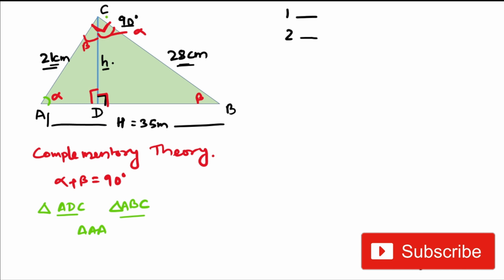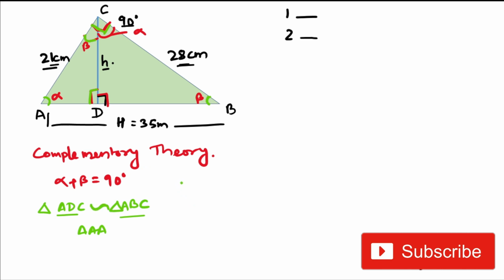Second, the small triangle has a 90-degree angle and the bigger triangle also has a 90-degree angle. Third, the small triangle has angle beta and the big triangle also has beta. So the angles are equal, and triangle ACD and triangle ABC are similar.